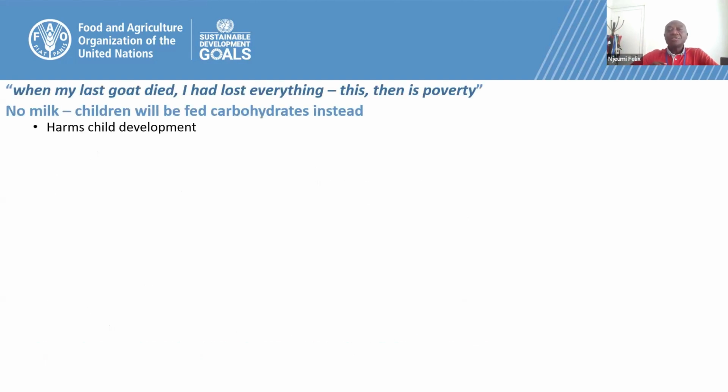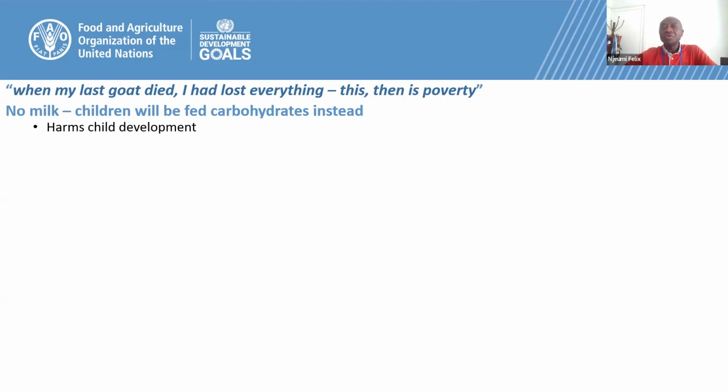Then this quote is another take-home message, from a Maasai lady in the Horn of Africa. She said, when my last goat died, I had lost everything. This then is poverty. It means that for her, poverty is when she doesn't have goats or sheep anymore.